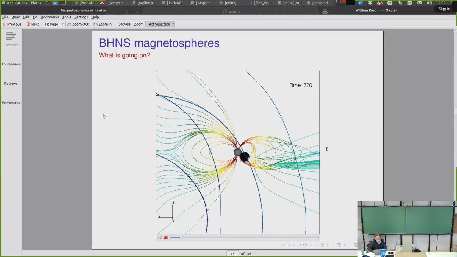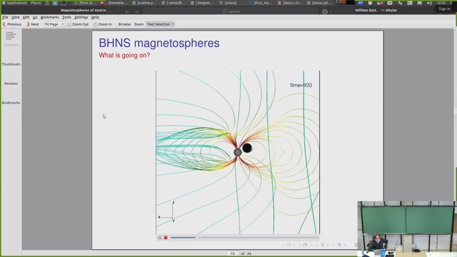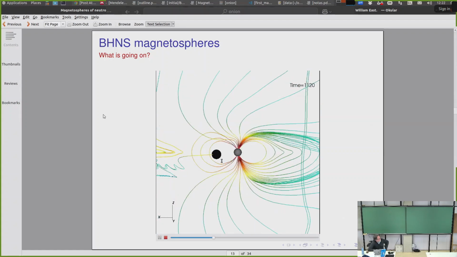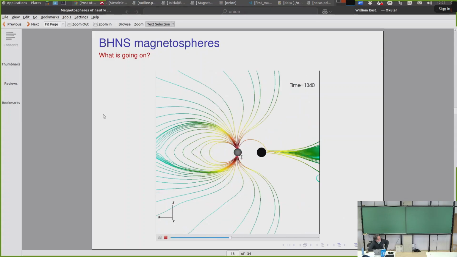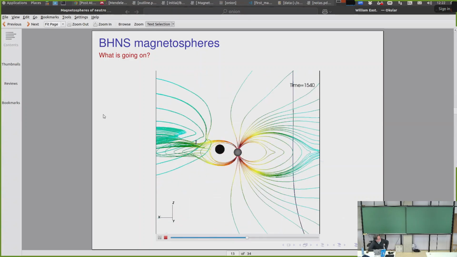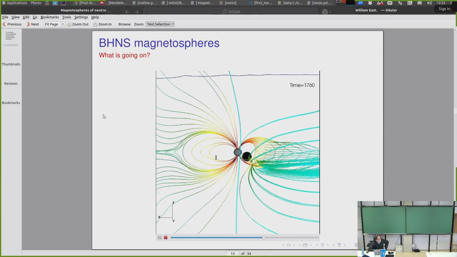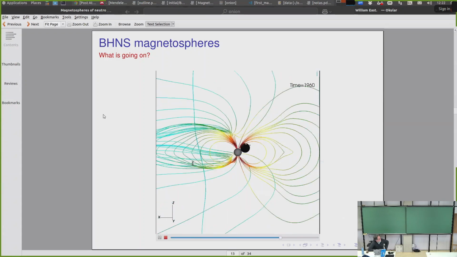So more or less you can see the dynamics, how the presence of the strong gravitation of the black hole. The black hole is the black surface, and the neutron star is represented by the gray surface. The lines represent some fiducial electromagnetic field lines, and the colors represent the intensity of the magnetic field.